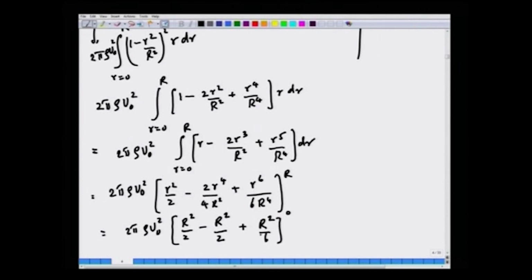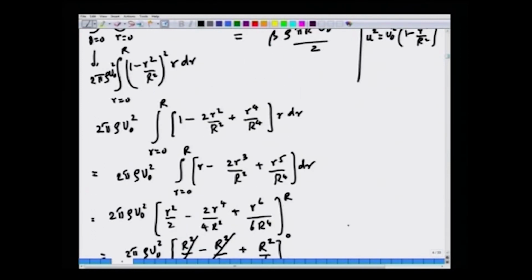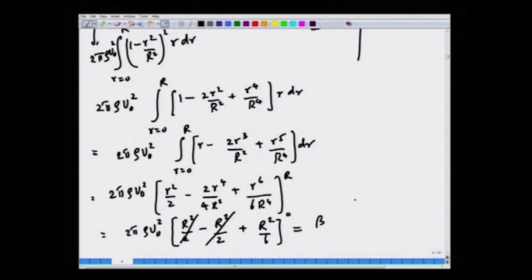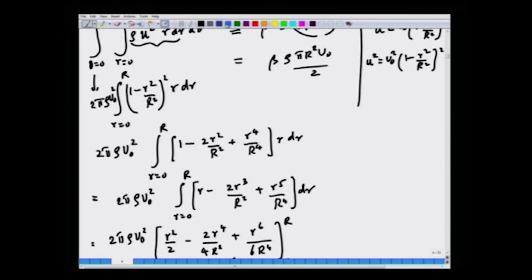So, the two R squared by 2 terms cancel out, and if you see the right side, this must equal beta times rho pi, this expression, R squared u naught by 2.